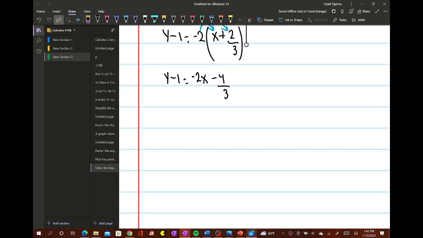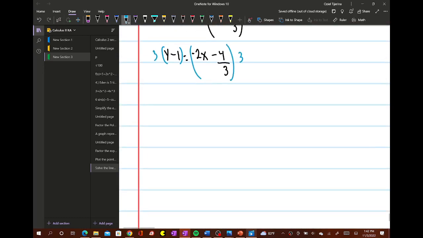So, I can go ahead and multiply both sides by 3 to get rid of that fraction. So we can say that 3y minus 3 equals, and it's going to be -6x, and it'll be minus 4.